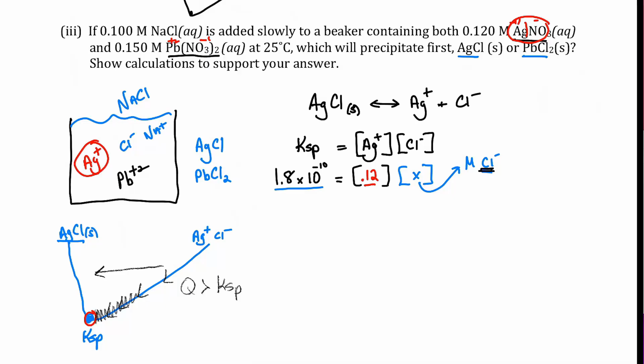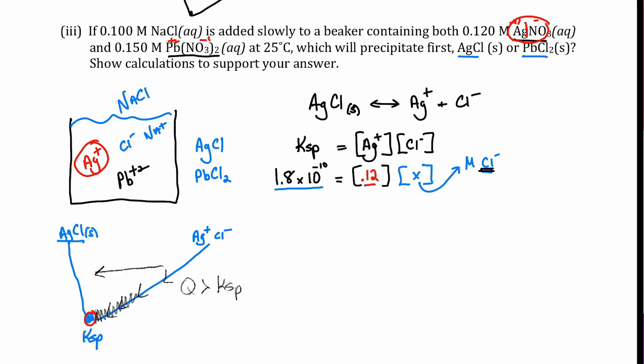So in any case, when we solve for X, or the concentration of the chloride ion, by just taking the KSP and dividing by 0.12 there, what do we get, party people? We get 1.5 times 10 to the negative 9.